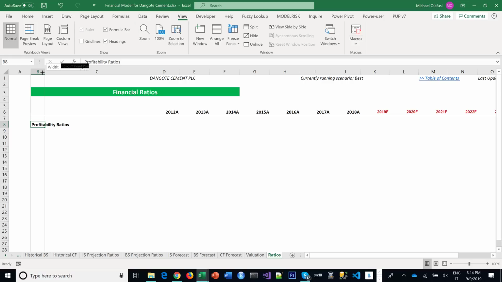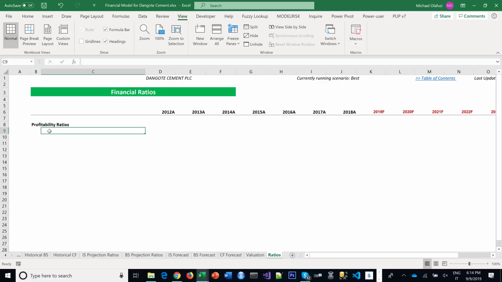So right there, here you have gross margin ratio. Okay.